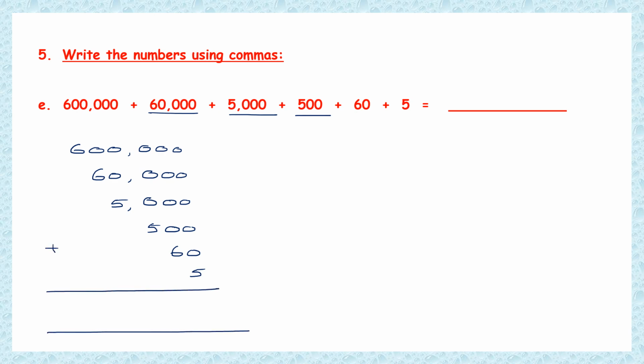So let's do that. Here we have 5, 6, 5 again, and a 5 and a comma. Then we have 6 and we have 6 again. So what is our number? 665,565. So this is our answer, and what have we done? We have written the short form of the expanded number, and this is how you do it.